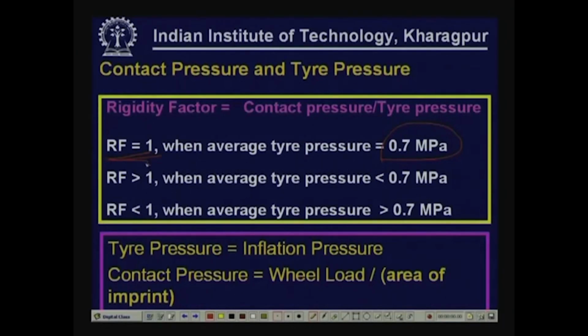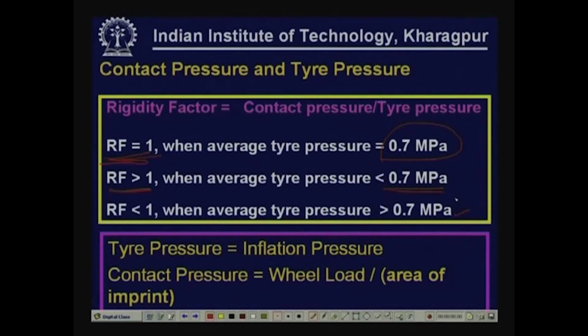But if the tire pressure is low, being less than 0.7 MPa, then the contact pressure is going to be more than the tire pressure, as we have seen in the previous diagrams, so the rigidity factor is going to be more than 1. If the tire pressure is more than 0.7 MPa, then the contact pressure is going to be less than the tire pressure, so the rigidity factor is going to be less than 1.